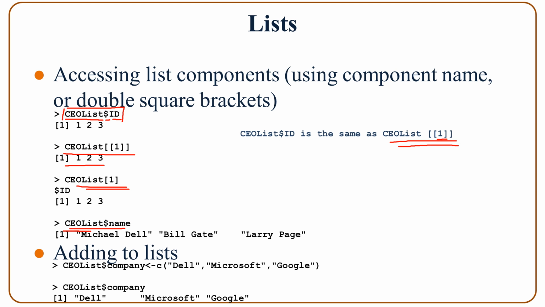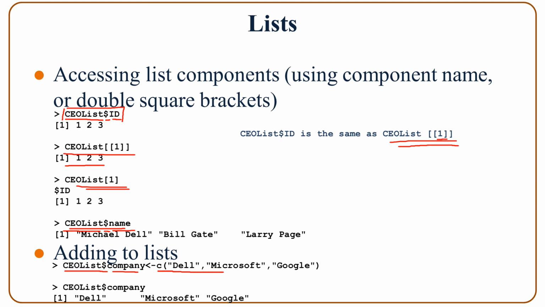If you want to add a new component, then use this example. So here I specify the new component the same way, and store a vector of company names to it.